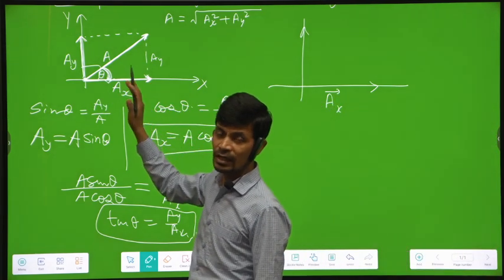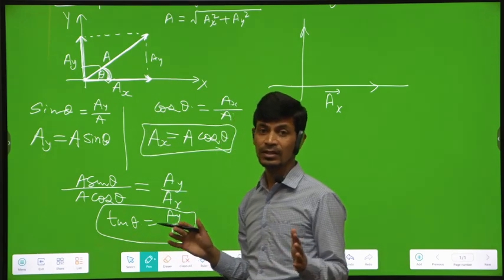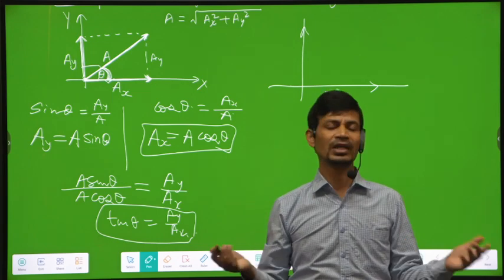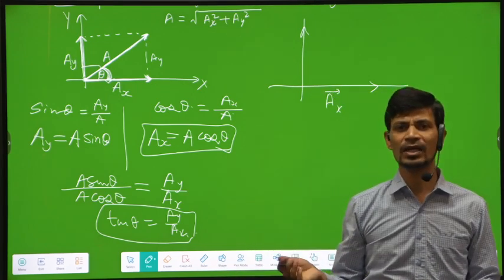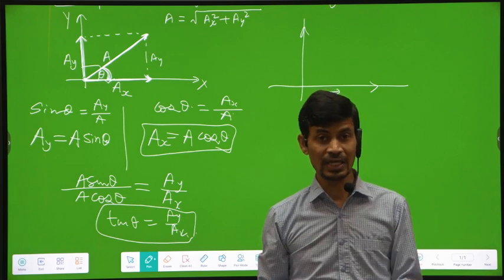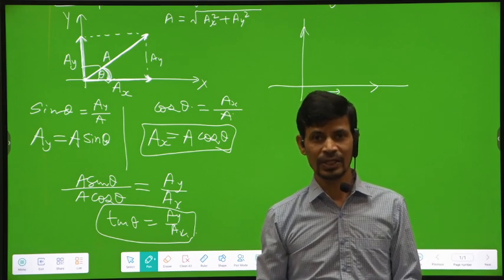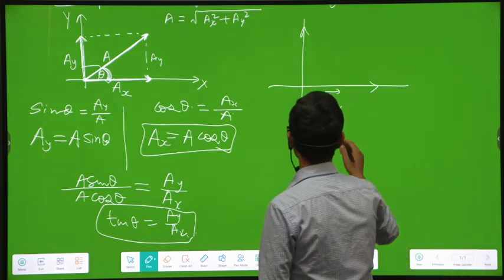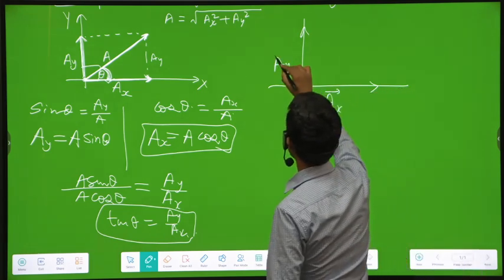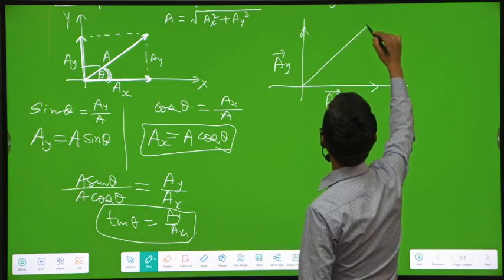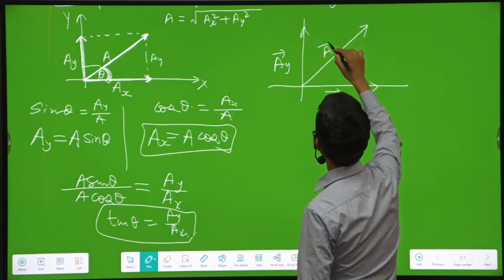Till here I was using their scalar notation. Remember one thing, vectors have a liberty, we can write them in vector form as well as in scalar form, whereas scalars can only be written in the form of scalars. So ax vector and ay vector, and they together form this vector A.